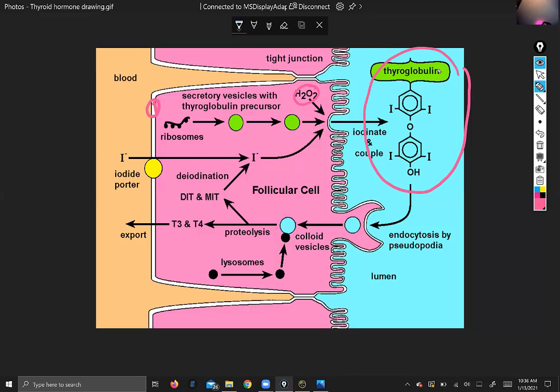When it's time to secrete, you take that completed and stabilized hormone and you get rid of the thyroglobulin, creating a free and active T4. Some of that T4 gets converted to T3 because an iodine is removed. And then that T3 and T4 mixture is transported outside into the blood, where it combines with blood protein so it can get carried around. And that is that on thyroid hormone.